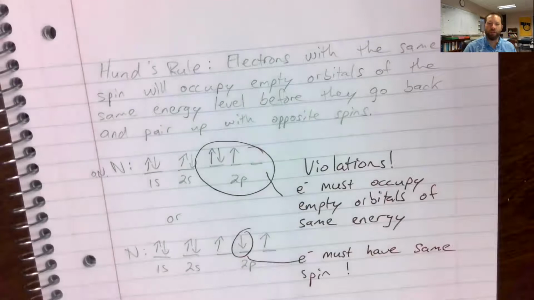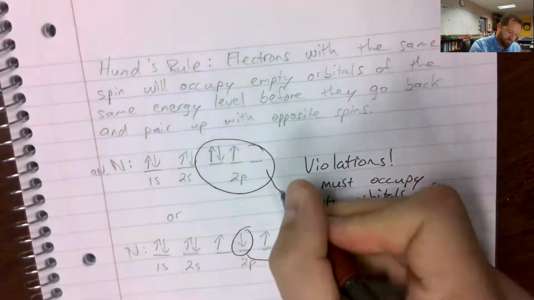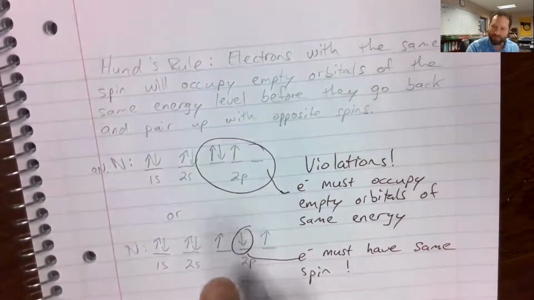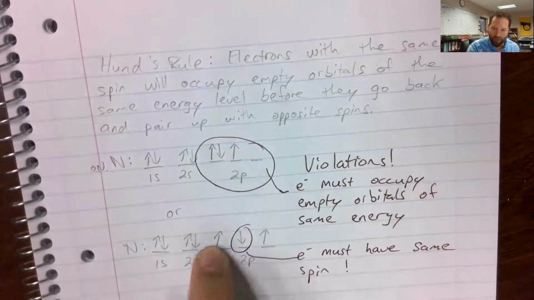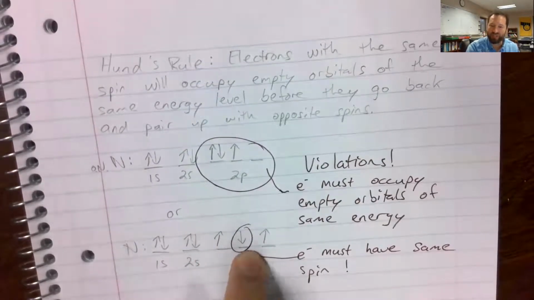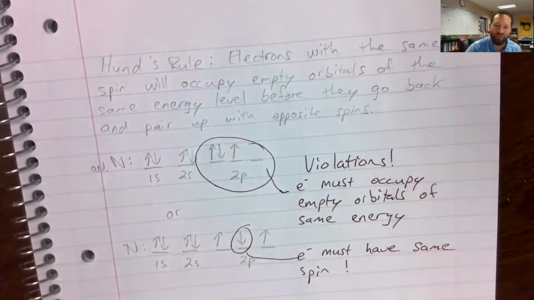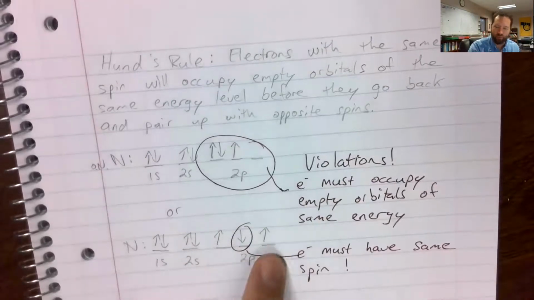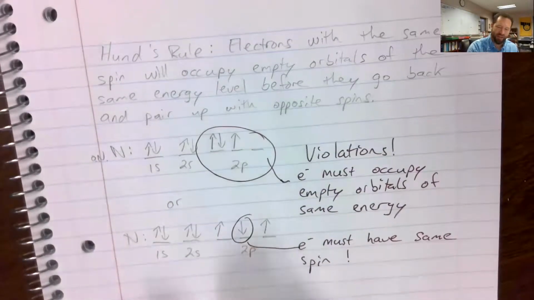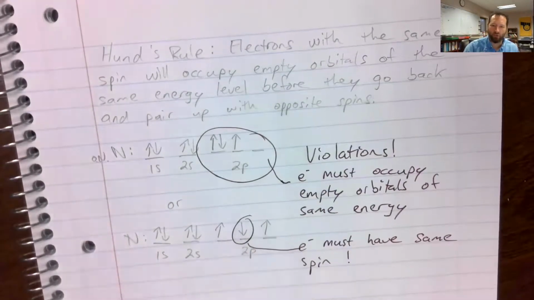I've seen some people go down arrow, down arrow, down arrow, and that's fine if you do that as well. But you can't go up arrow, down arrow, up arrow. These electrons in these empty orbitals must have the same spin, up, up, up, or down, down, down. But you can't have one of them be different. You can't have 2 of them be different. They have to have the same spin in those empty orbitals.